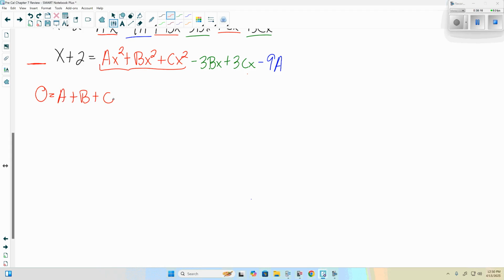So really, ax squared plus bx squared plus cx squared should equal 0x squared. Or really, 0 is equal to a plus b plus c. Because really, all we're doing is skipping the step going from our equation form to our equations with x squared, then removing the x squared.